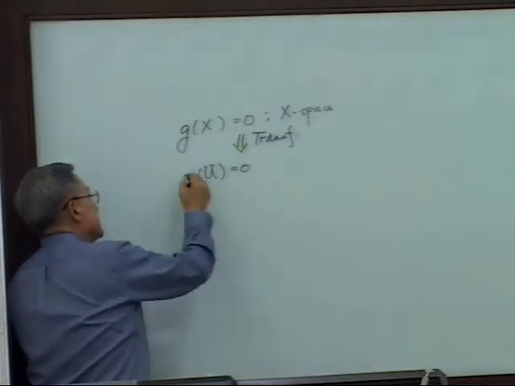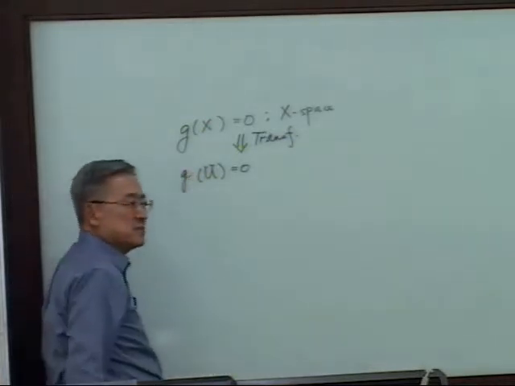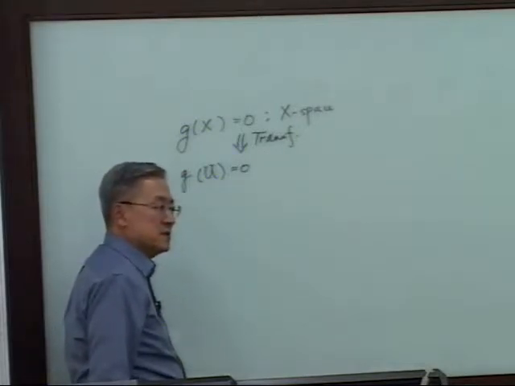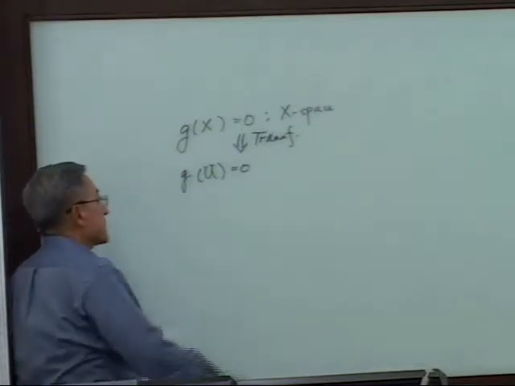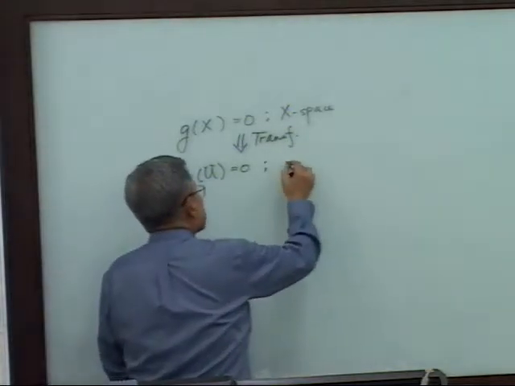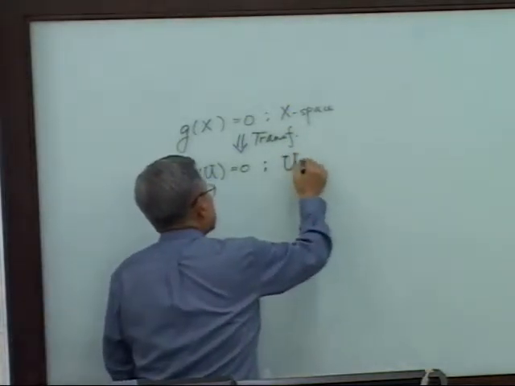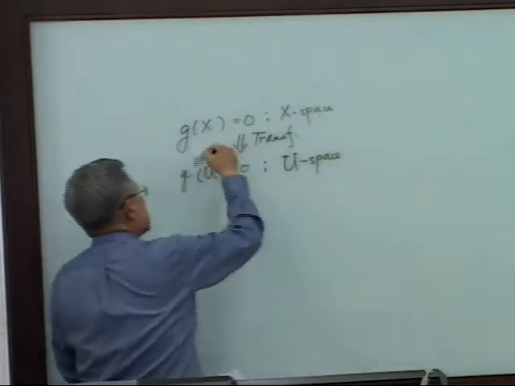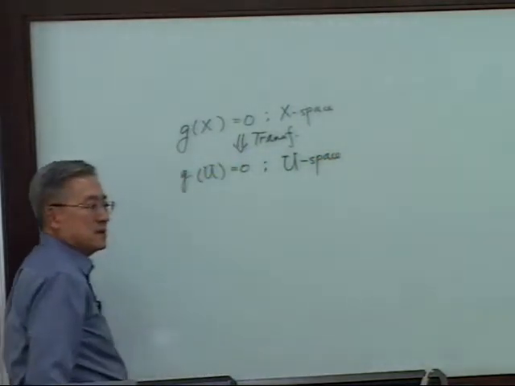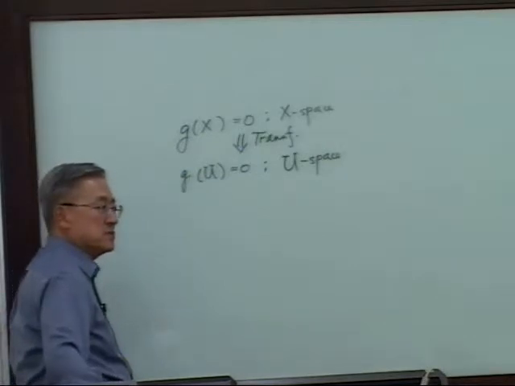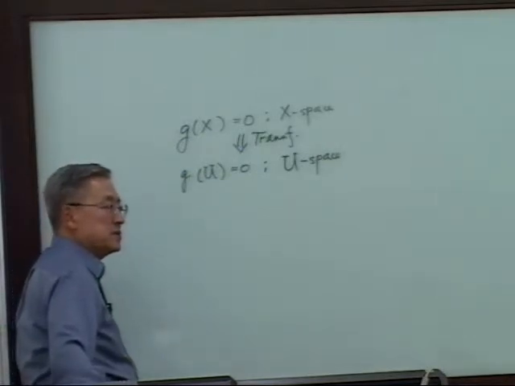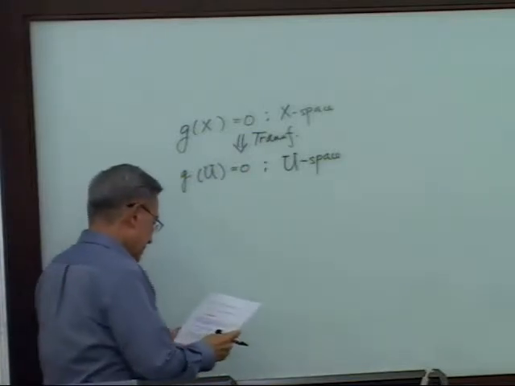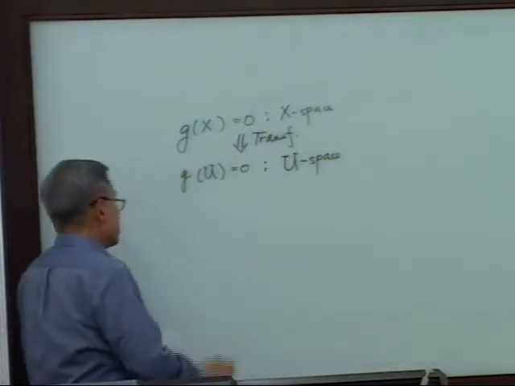So we're going to just use the same G, which is just a function of U. And here this is going to be U space. Otherwise, two different functional notations, and that's immaterial. We can just use the same G for simplicity.